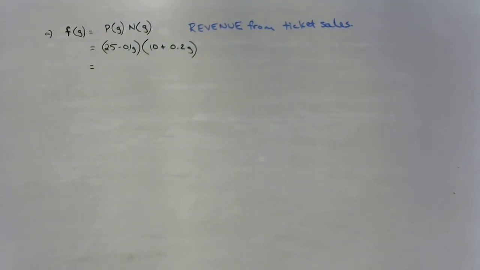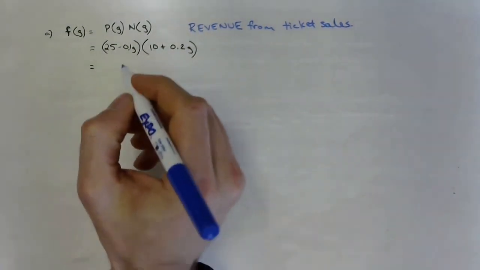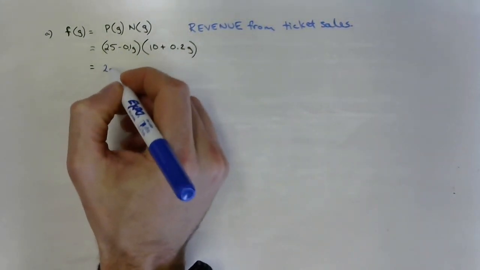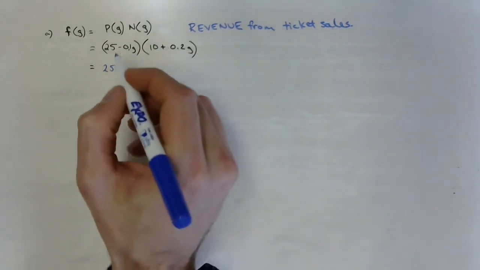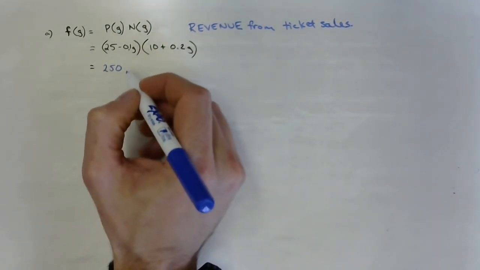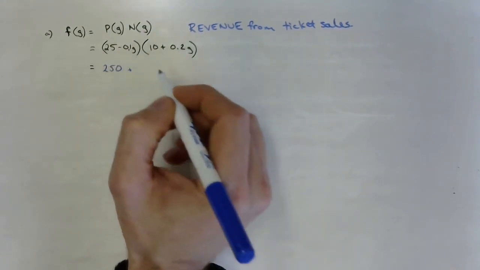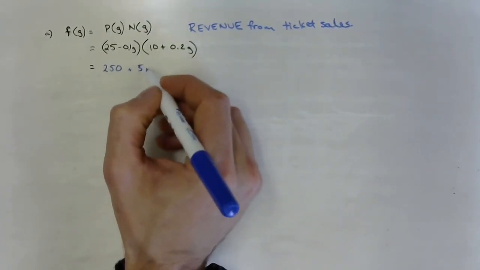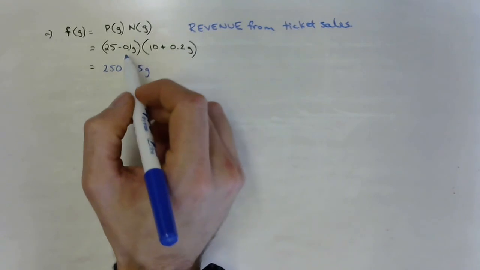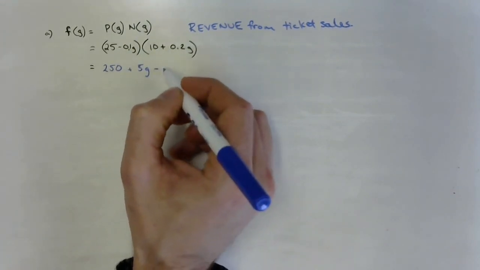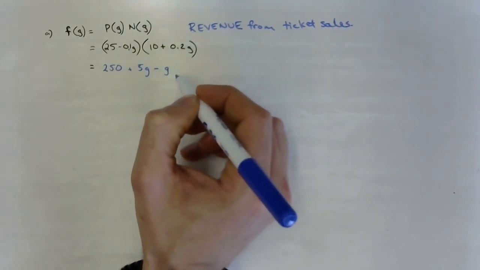So now I have the product of two binomials, so I can FOIL that. I get first times first, 25 times 10 is 250. 25 times 0.2 G is basically take 25 and divide it by 5. It's 5G. Then I have inside times inside, which is going to be negative 1G.